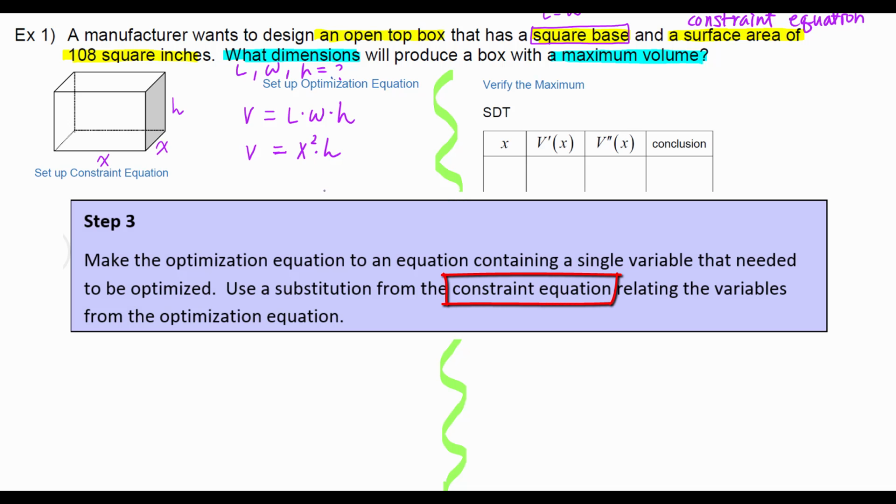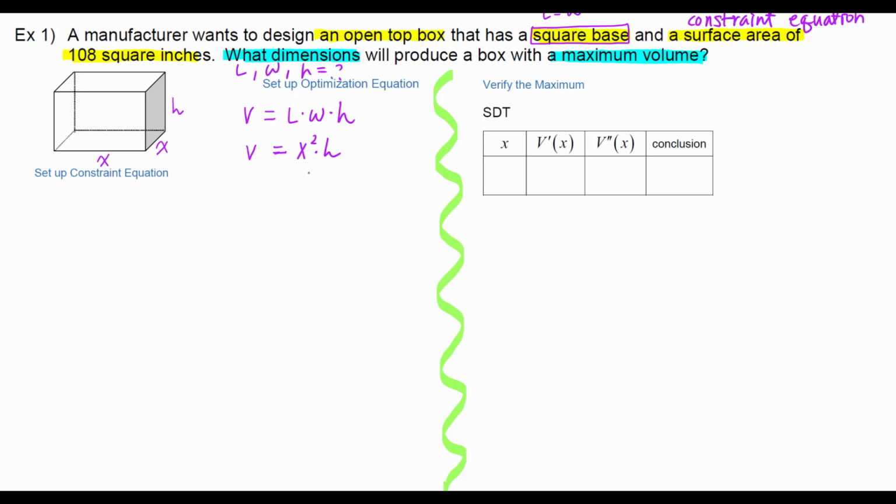You get rid of it from what's called the constraint equation. A constraint equation is an equation that will give me a relationship between x and h. So where am I going to get that? You're going to get that from the fact that the surface area of this box is 108 square inches. So let's go ahead and come up with the constraint equation.